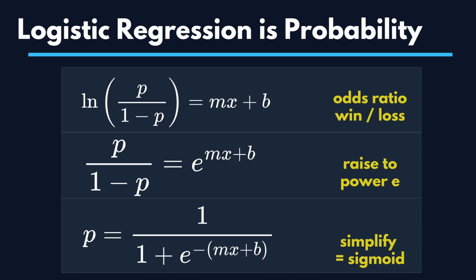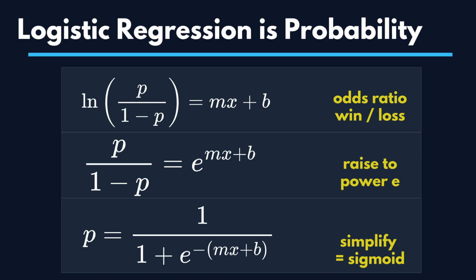Then logistic regression takes the logarithm of p divided by 1 minus p, and sets it equal to our mx plus b formula. m is weights, b is bias, x is the football data input: away games, home games, injuries, etc. To solve, we take the logarithm of the odds ratio, raise e to that power to get rid of the logarithm, then simplify the equation.